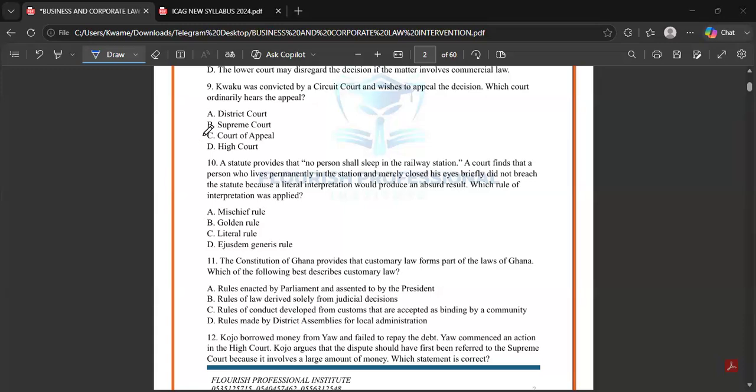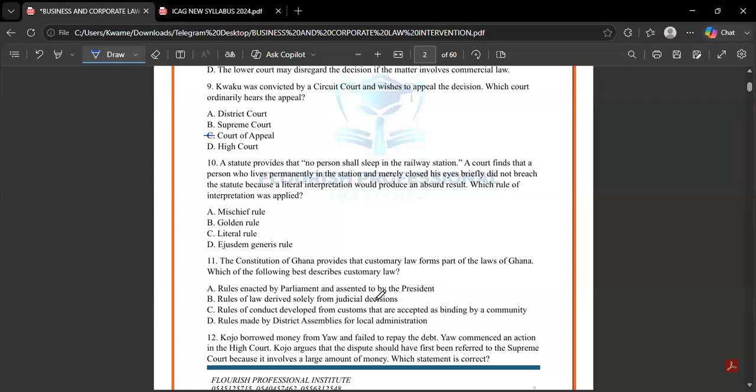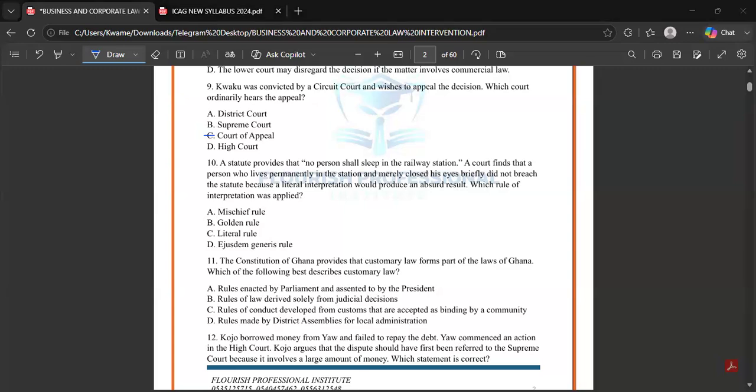Yes, sir, please, I have a question. Please, would it be wrong to send the matter to the High Court, since the High Court is above the Circuit Court here? No, it won't be wrong. That's why over here the word that was used is ordinarily.